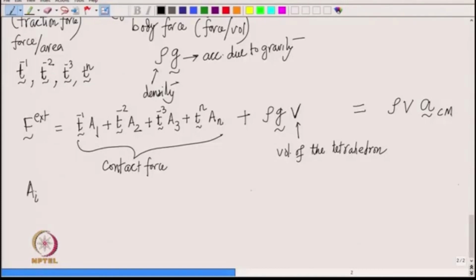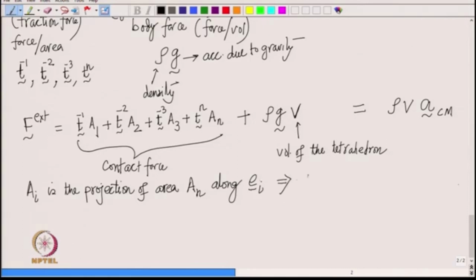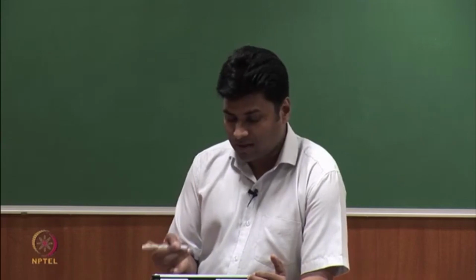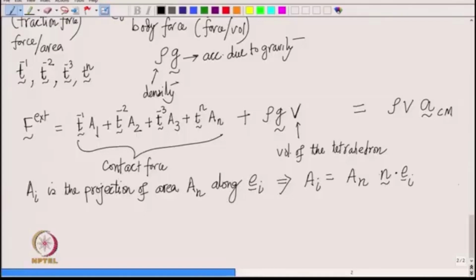A I, where I goes from 1 to 3, is the projection of area A n along E I, and then with some geometry you can prove that A I is nothing but A n times the normal n dot E I. This is the dot product, the direction cosine of the normal n, n dot E I. So, you multiply with that direction cosine and you get A I. All right. So, it comes from geometry.